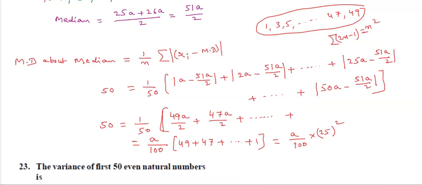In the middle, we are getting a by 2. Again it increases: 3a by 2 plus and so on up to 49a by 2. So finally, by observing this, each observation is repeated twice, so here it is into 2.